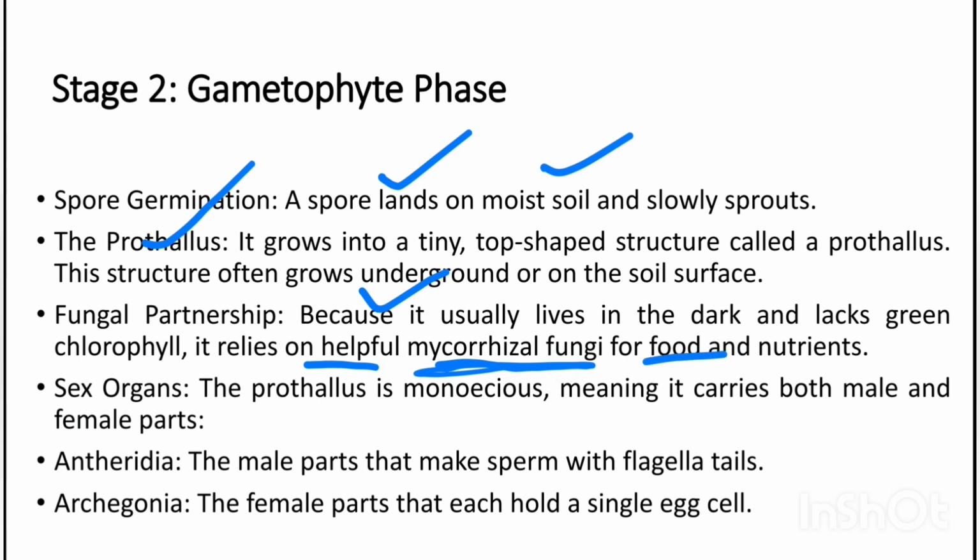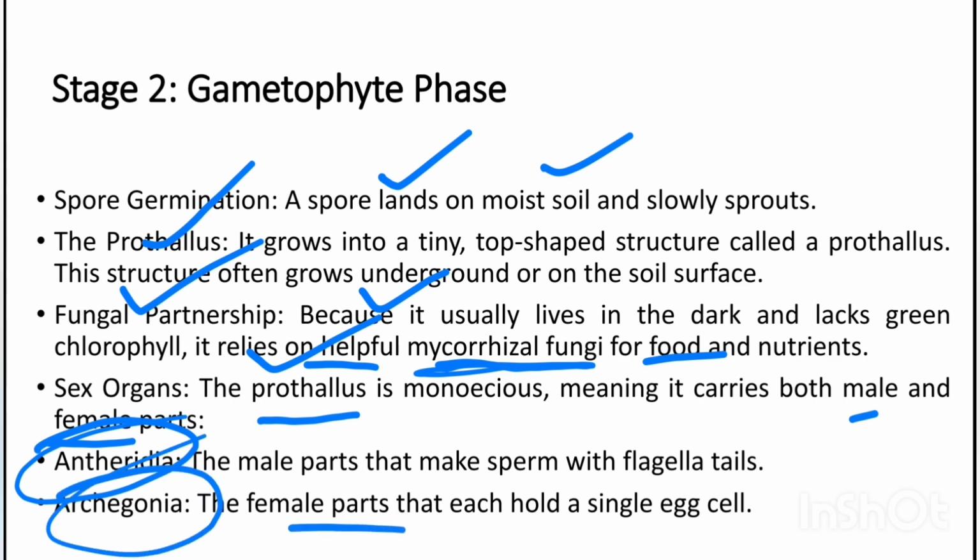So at the prothallus stage, some Lycopodium species show a mutual relationship with mycorrhizal fungi. Then sex organs: the prothallus is monoecious, that means it carries both male and female parts. The male part is called antheridia and the female sex organ is called archegonia.